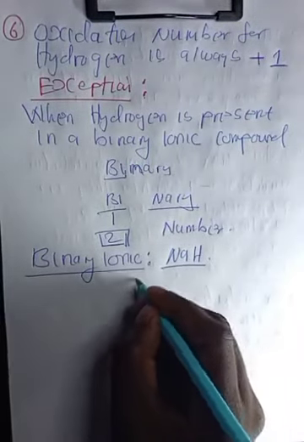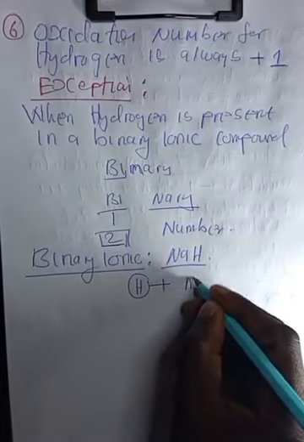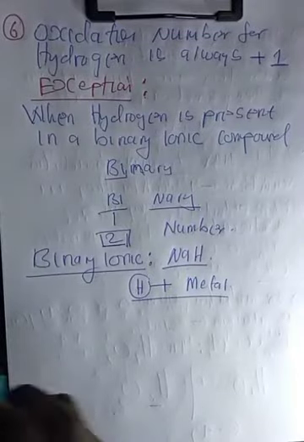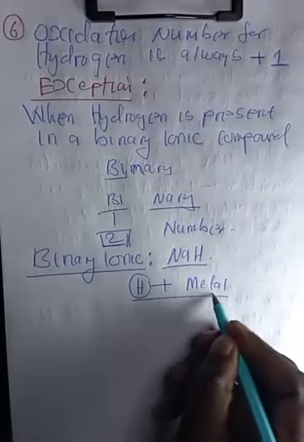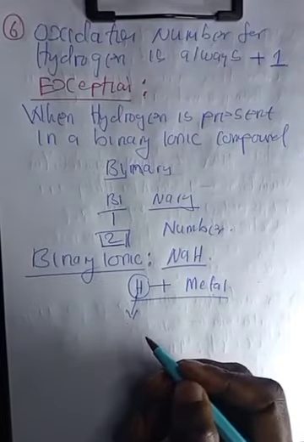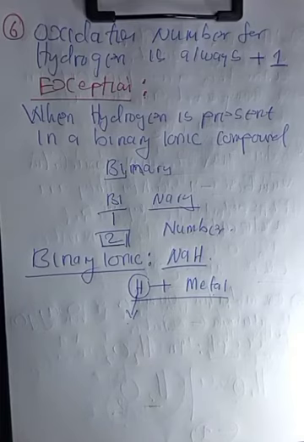So whenever hydrogen reacts with any metal, hydrogen acts like a non-metal and gains an electron and gets a negative charge. So what I want you to understand is this: when hydrogen reacts with a non-metal, it acts like a metal and loses an electron, becoming a positive charge.